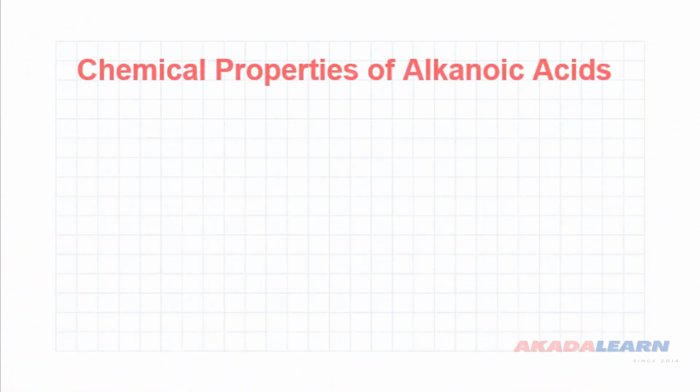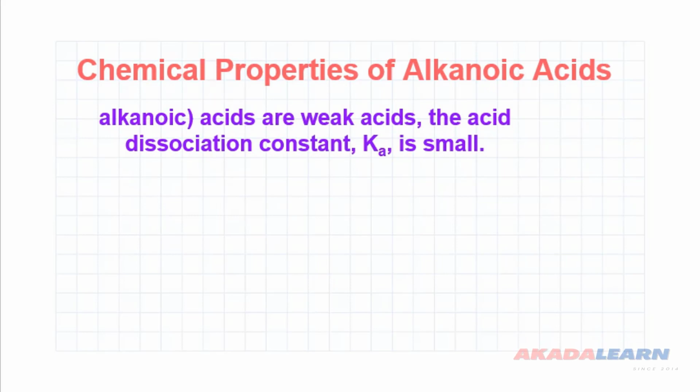The chemical properties of alkanoic acids. Alkanoic acids are weak acids. The acid dissociation constant, Ka, is very, very small.